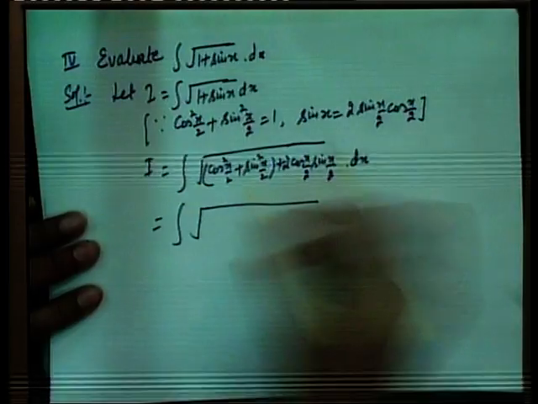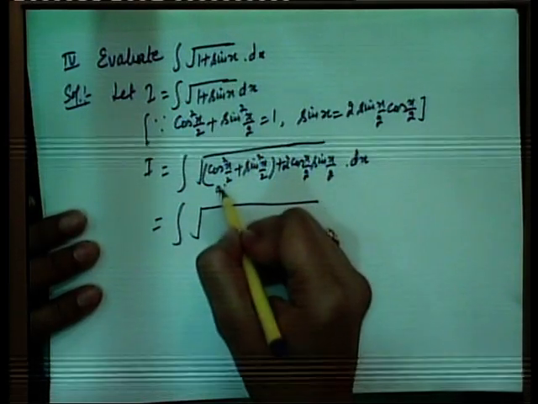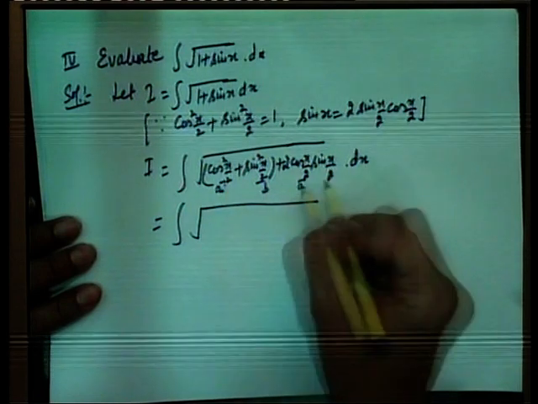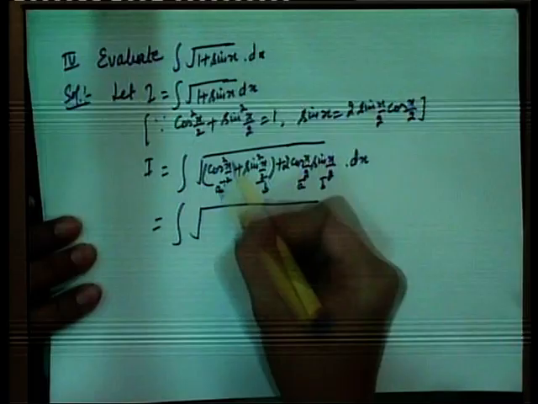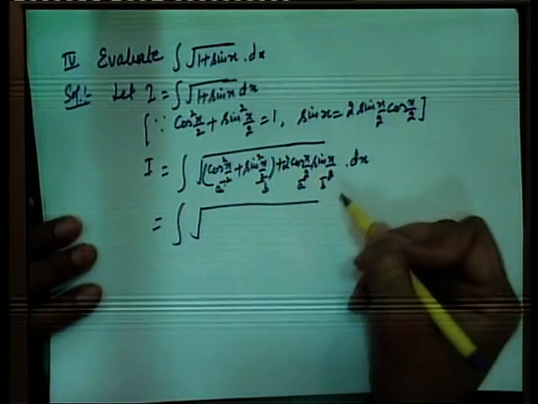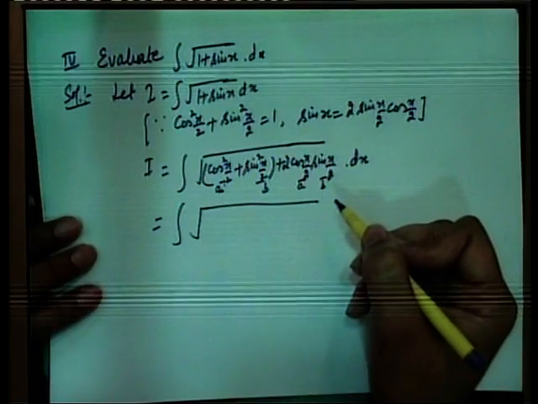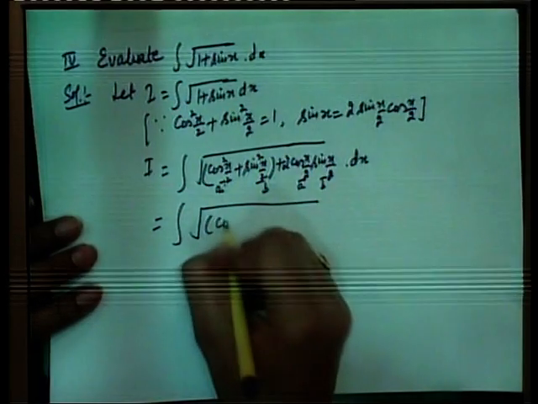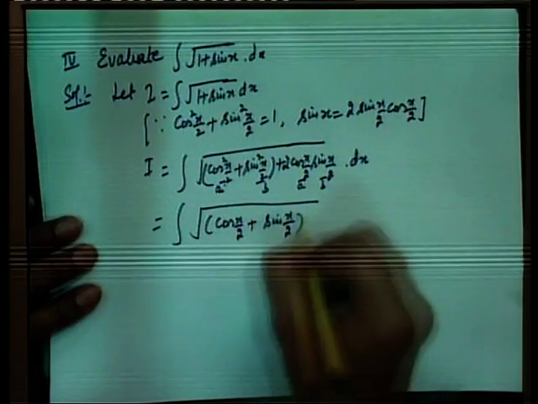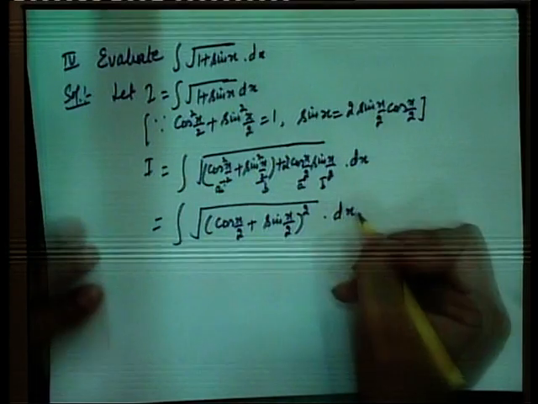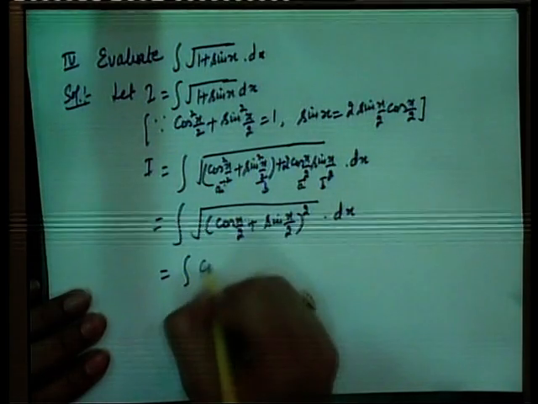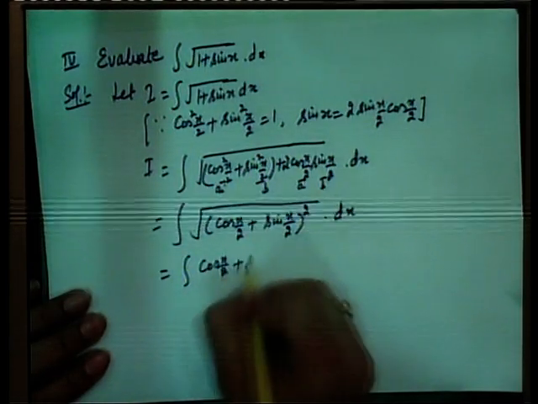Under the square root, if I take cos x by 2 as a and sin x by 2 as b, what does it become? a square plus b square plus 2ab, and we know this is the formula of a plus b whole square. We have a as cos x by 2, b as sin x by 2, whole square into dx. Now the square and square root cancel, and we are left with cos x by 2 plus sin x by 2 dx.